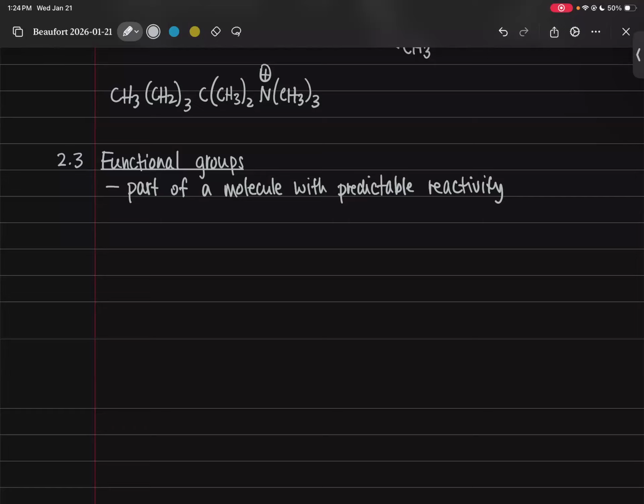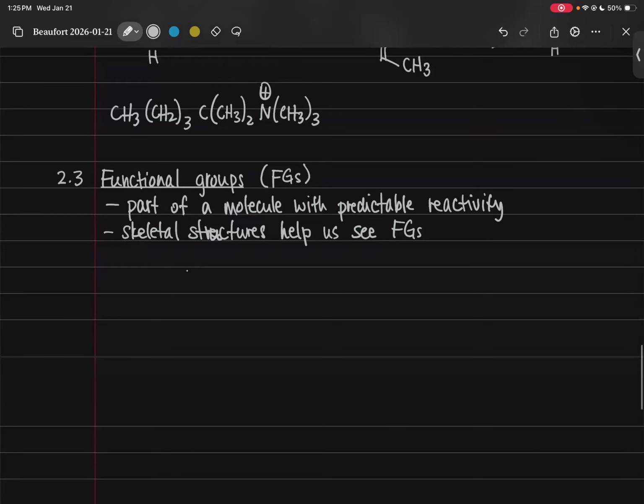And so one of the reasons that we went through all this business with skeletal structures is that they help us see functional groups. Sometimes we'll call functional groups FGs in writing. This will make more sense with an example, I think.